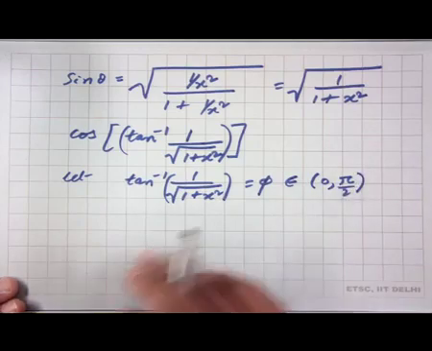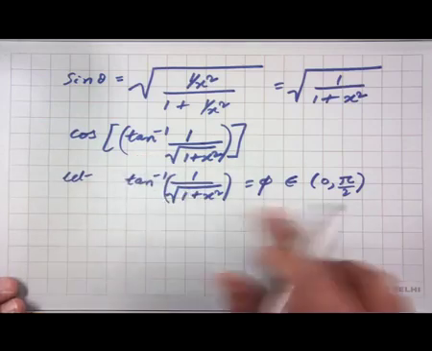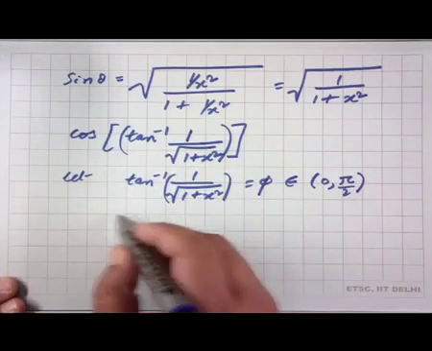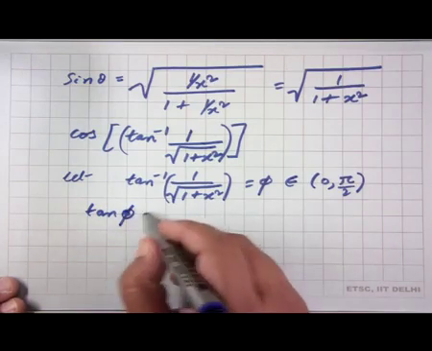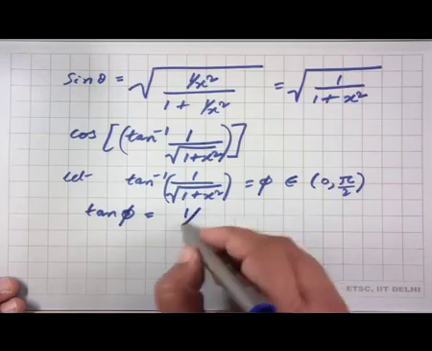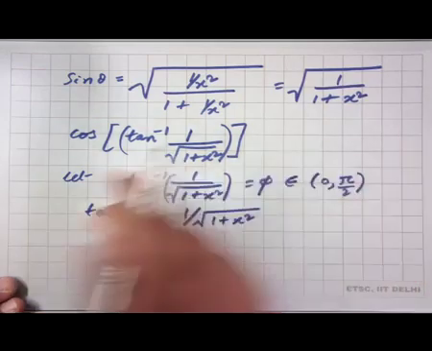So, essentially what we have to find out is cos of phi. Of course, from here it can also be concluded that tan of phi equals 1 over square root of 1 plus x square.